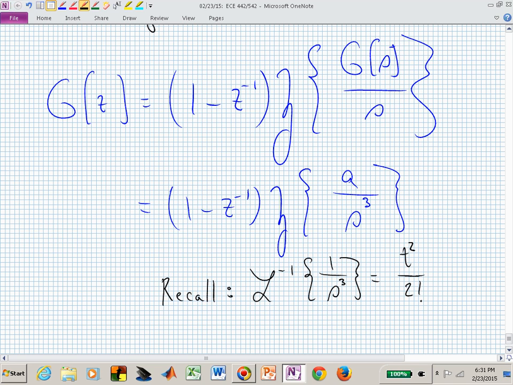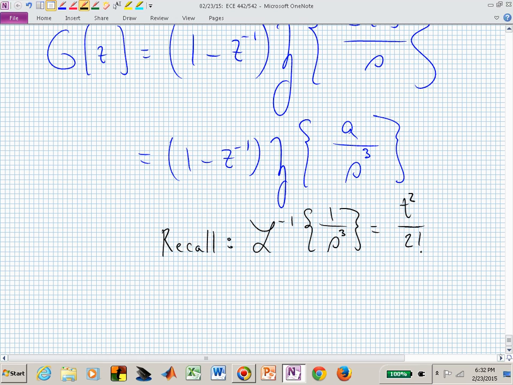Now we have this parabolic increase in time. If we took this into the time domain, we want to sample that and then Z-transform those sampled values. But we can go into the table and find the Z-transform of something over s cubed.